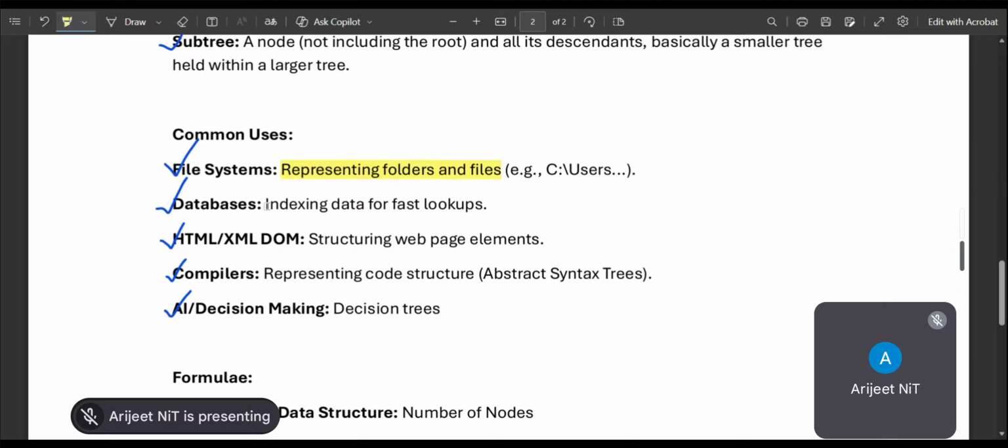Within databases, tree data structures are used for indexing data for fast lookups. Within HTML and XML DOM, it is used for structuring web page elements. Within compilers, it is used for representing code structure like abstract syntax trees. Within AI decision making, there is a very famous term called decision trees. Within that, the tree data structure has a role.